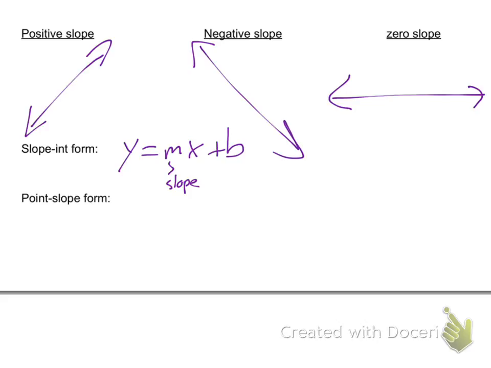B, the y-intercept. So, if I gave you a slope and a y-intercept, really easy. We like those types of problems because I can write the line equation quickly, efficiently. But that's not what always happens. Sometimes I give you a point and a slope instead. Therefore, you will default to point-slope form. What is point-slope form?